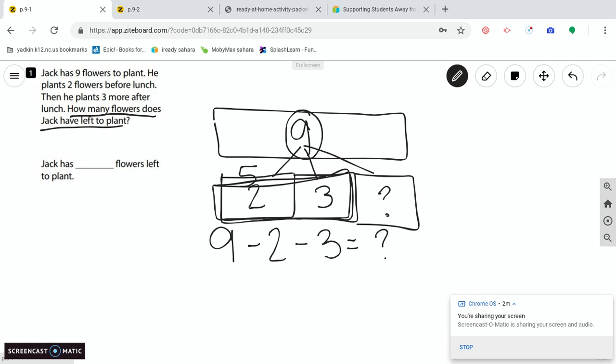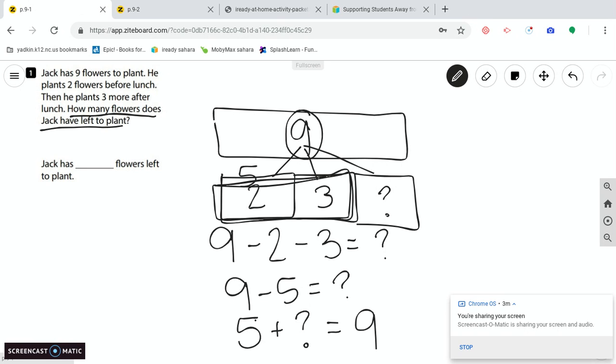And then we could do whole minus part equals what's left. Or we could also say he planted 5. If we add that to what's left, that'll be all 9 flowers.